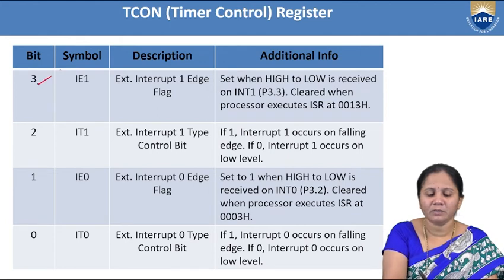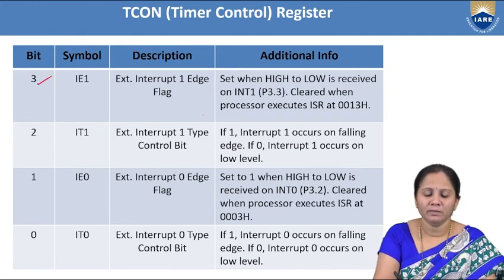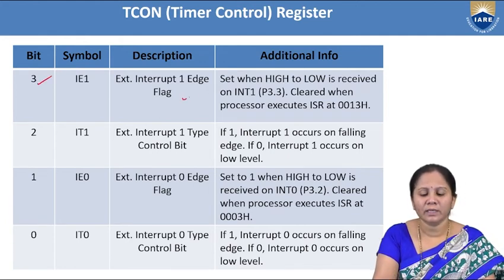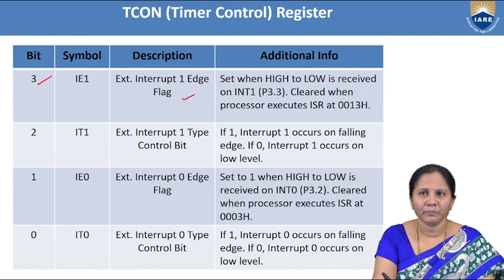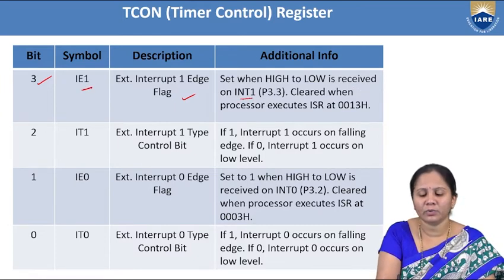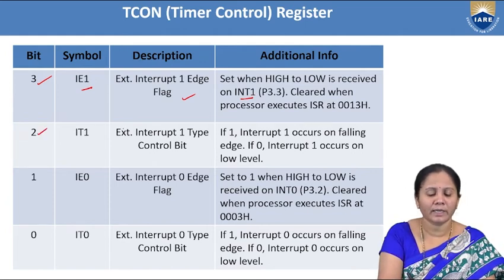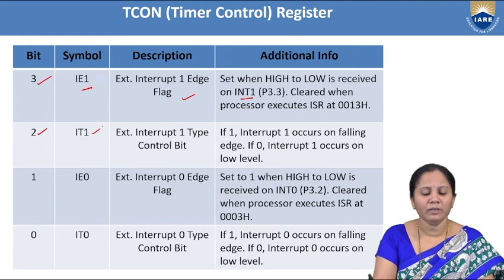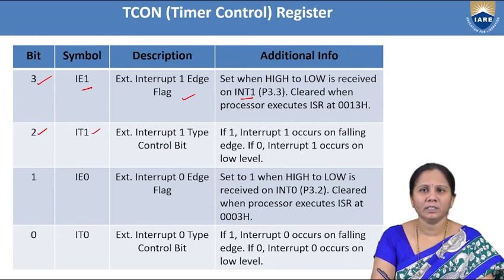Another bit is IE1, that is the external interrupt 1 edge flag. It will be set when a high to low transition is received on the INT1 pin. That means this IE1 signal is related to the INT1 pin. Another one is the second bit, IT1, which represents the external interrupt 1 type control bit.